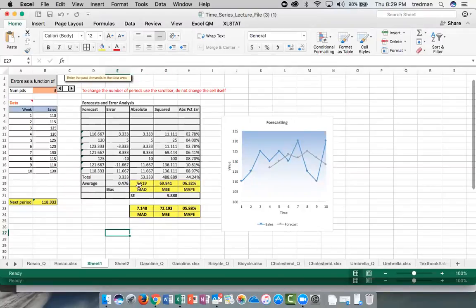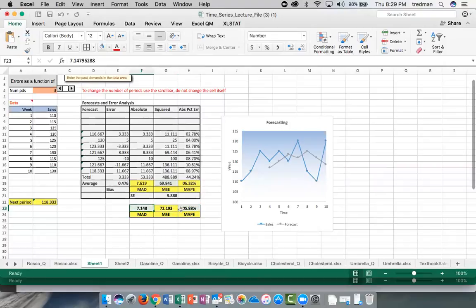So for MAD, the exponential smoothing is lowest. For mean square error, the 3-week moving average is lowest. And then when I look at MAPE, the exponential smoothing is lowest.